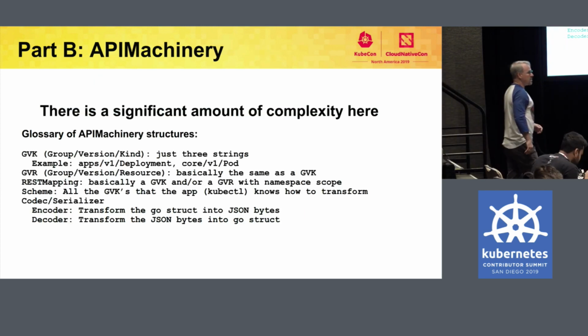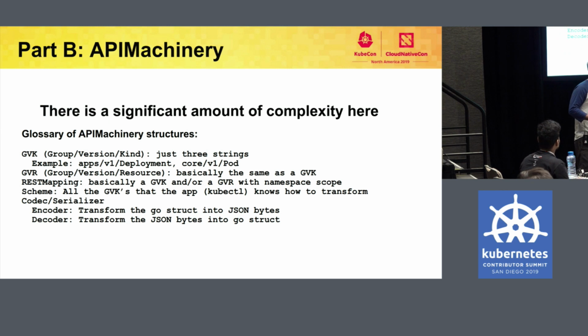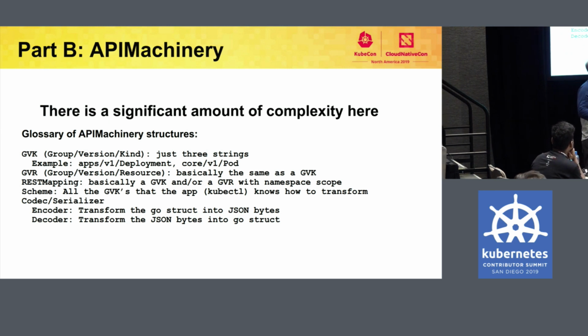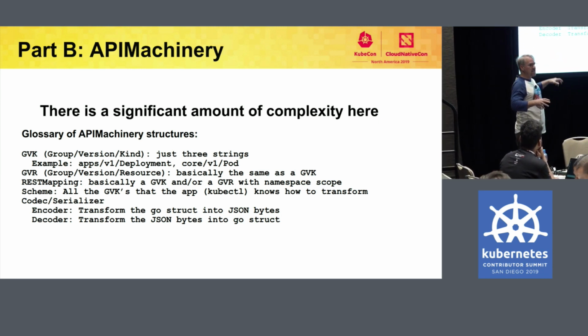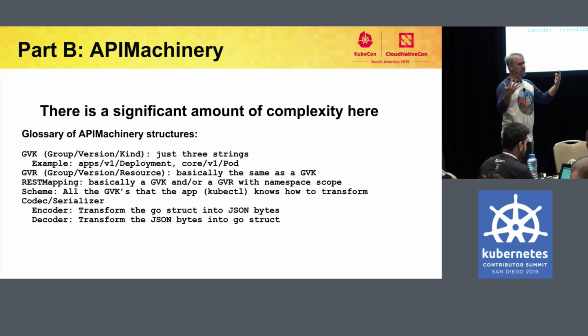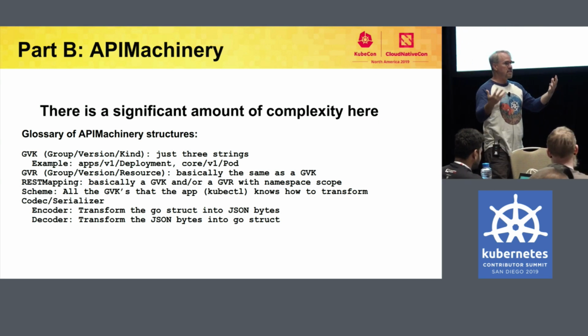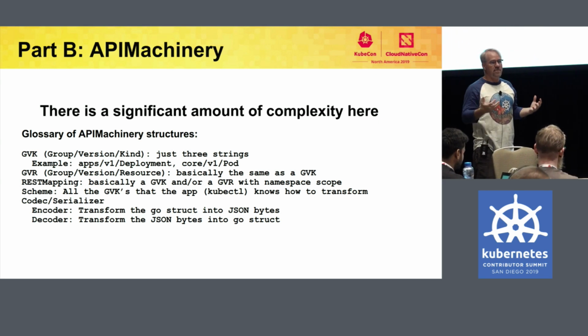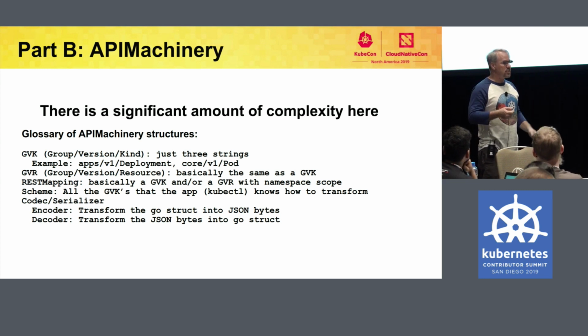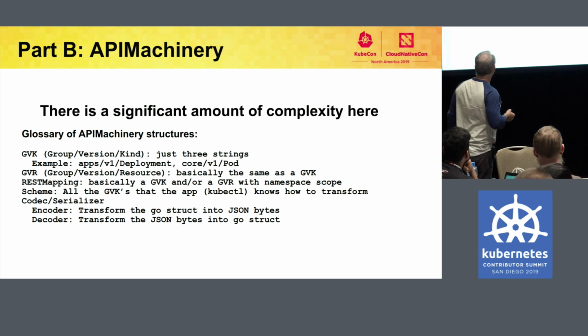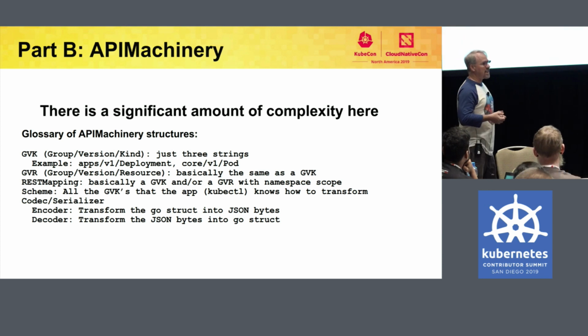Okay, so as I mentioned before, there's a significant amount of complexity here, and again, this is simplifying things dramatically. But I want to go over a few of the classes that peek out from underneath these lower levels that you're going to have to understand in order to productively use kubectl. The first is group version kind.